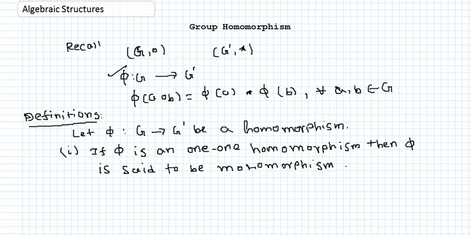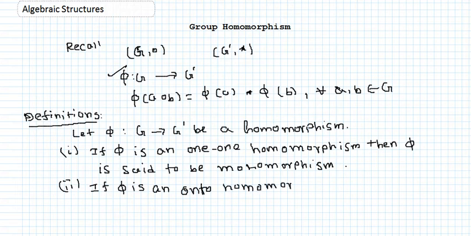Now, because phi is a mapping, we can also talk about whether phi is onto or not. If phi is an onto homomorphism, then phi is said to be an epimorphism.